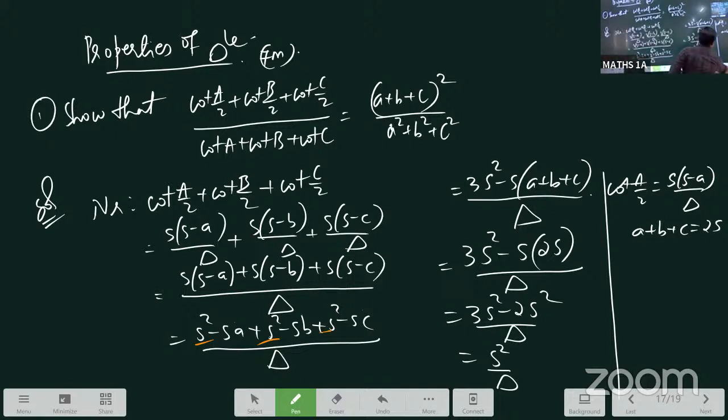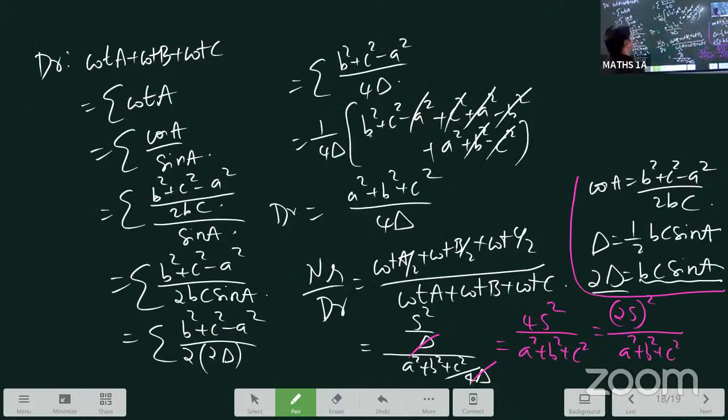Next board, what we did? Denominator I took separately. That is cot A plus cot B plus cot C, which is nothing but summation cot A. Cot A, I wrote it as cos by sine. Is it clear? Most important sum that was.